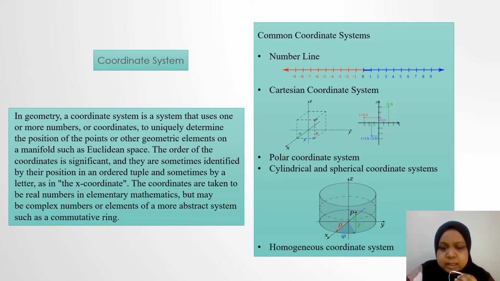These are the common coordinate systems. The first is the number line. The number line is the simplest example of a coordinate system. It is the identification of points on a line with real numbers. In this system, an arbitrary point O, the origin, is chosen on a given line.